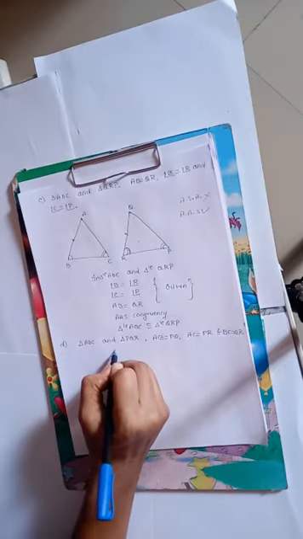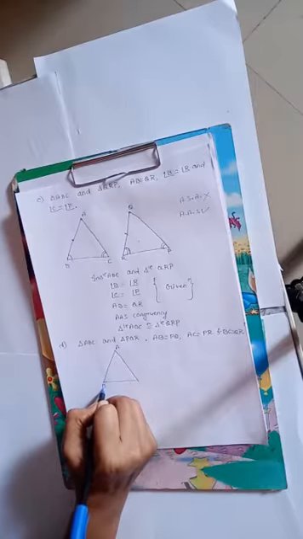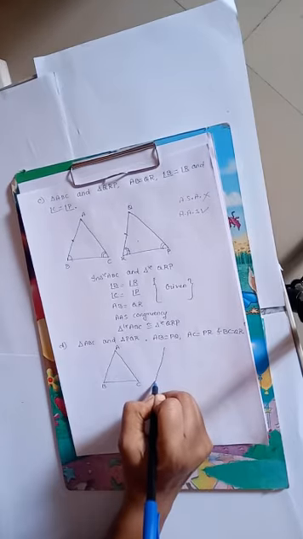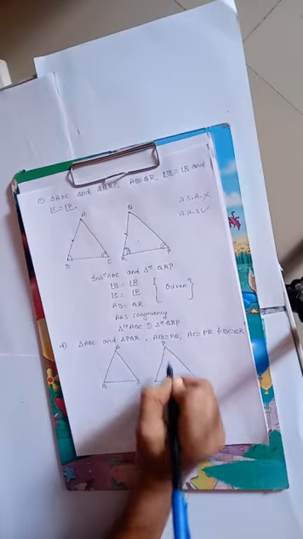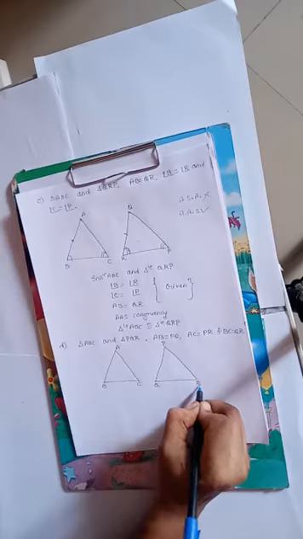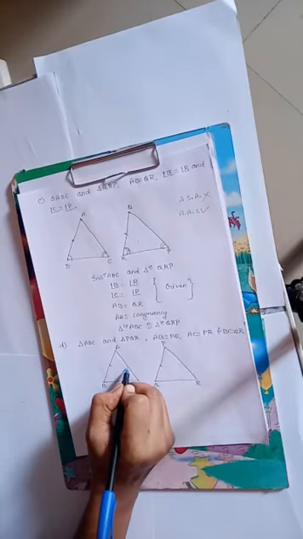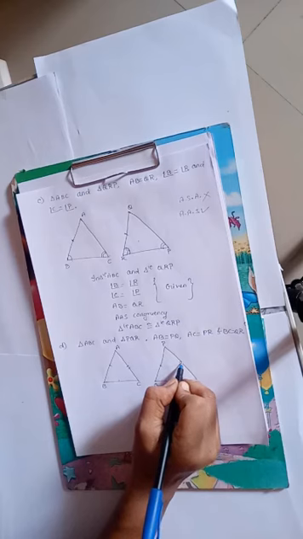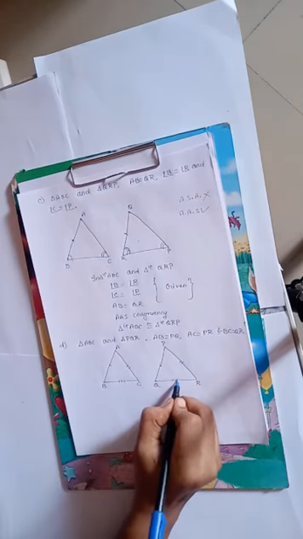Draw the two triangles, that is ABC, and again the triangle PQR. Now the given AB is equals to PQ and again AC is equals to PR, BC is equals to QR.